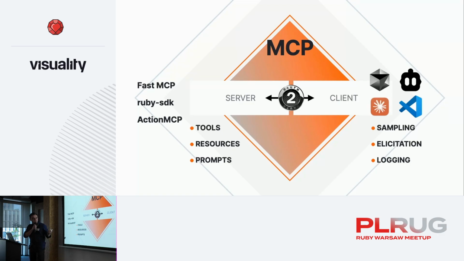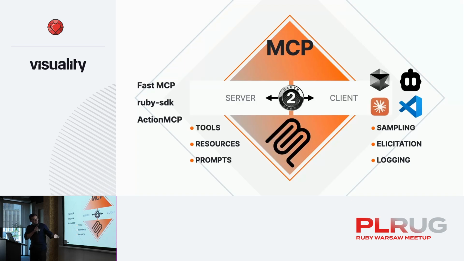The client can provide sampling. Sampling is basically the server can ask the client to communicate with the LLM and give back the answer. Elicitation is asking for user permission to do something. And logging basically means the server can send over logs so the client can inspect them or save.